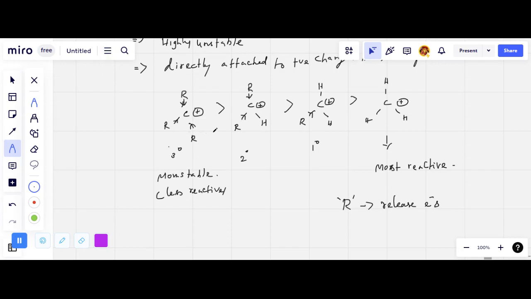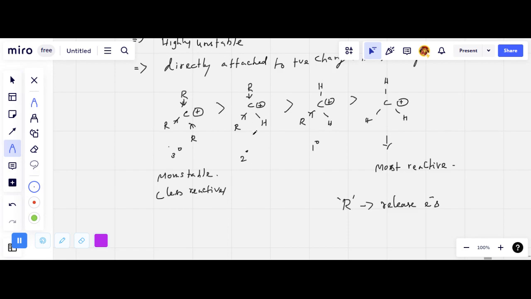It is the most stable because it has three alkyl groups, and all three release electrons. Understood? Here we have two alkyl groups releasing electrons to this carbon.